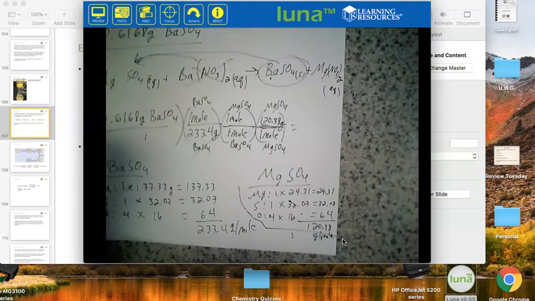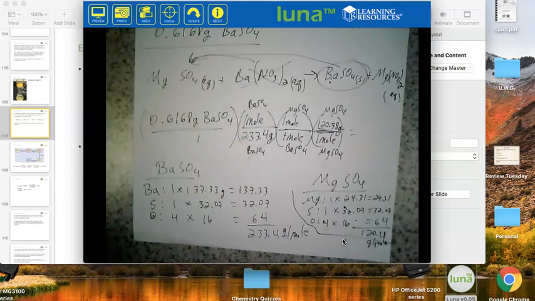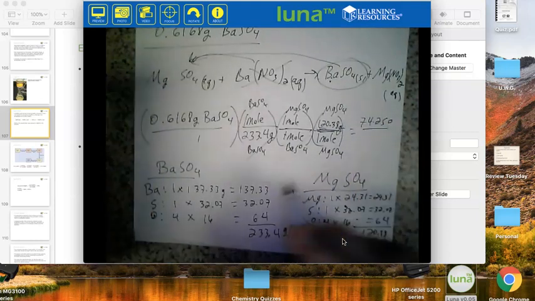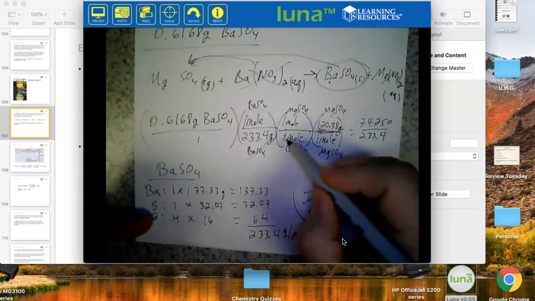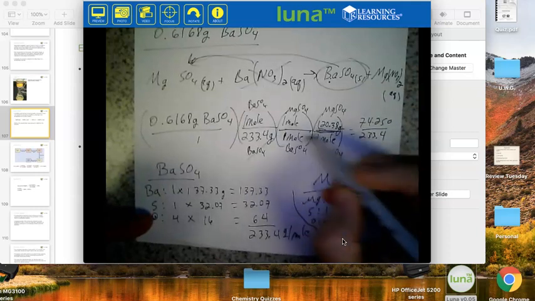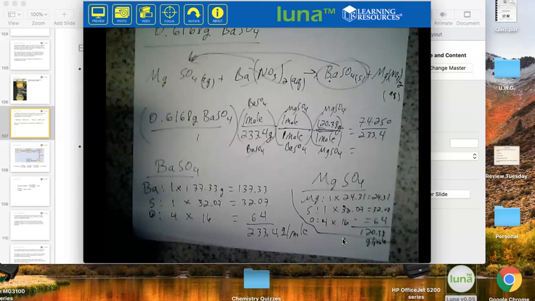Alright, so now multiplying the top parts across, like 0.6168 times 1 times 1 times 120.38. And that is 74.250 over 1 times 233.4 times 1 times 1. And so 74.250 divided by 233.4.